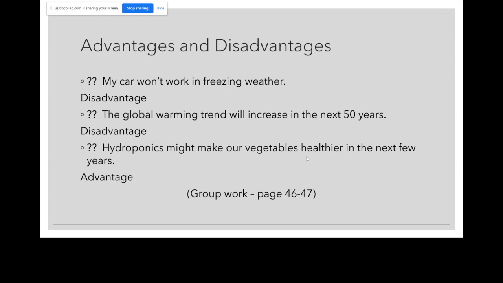I think we could be more specific, like the deaths it could cause, or, I don't know. Oh, well, I would say the damage it could cause.